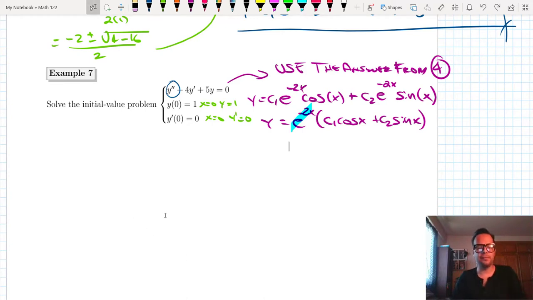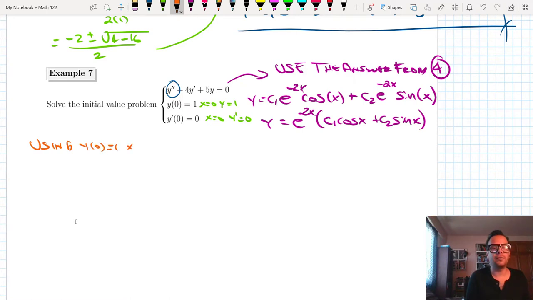Okay, so let's see. Using the condition y of 0 equals 1, which is x equals 0, y equals 1. Wherever you see the letter y, plug in the number 1. Wherever you see the letter x, plug in the 0.